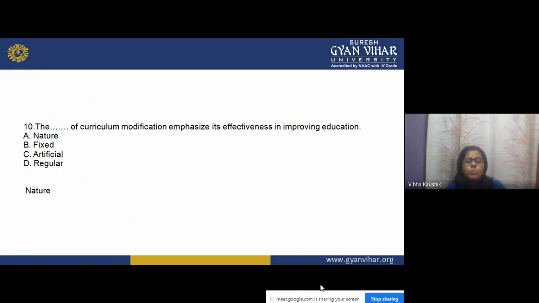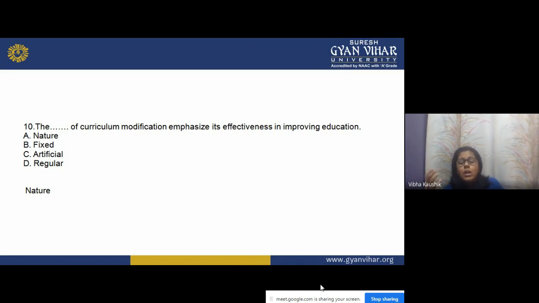Now these are the options, and the students, you have to select the correct answer on the basis of the given choices. Now what will be the answer? And the answer is option A, that is nature. Means the nature of curriculum modification and definition of curriculum modification.